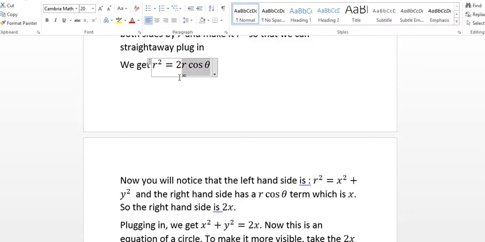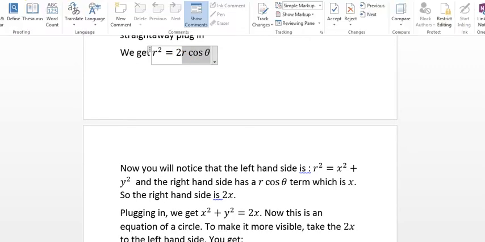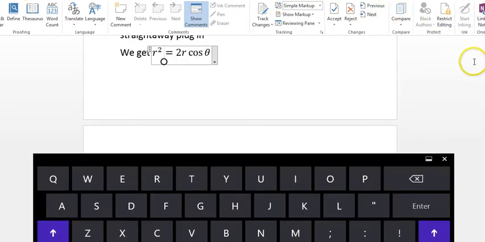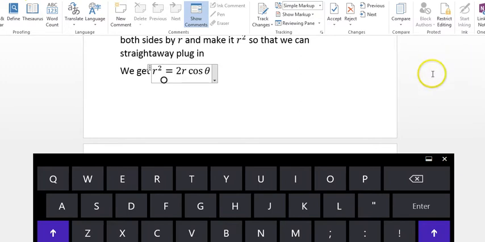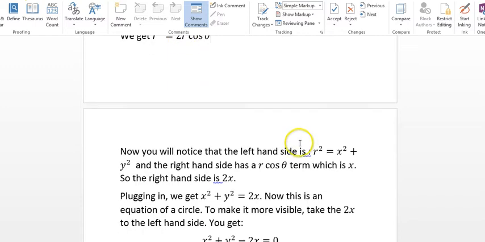So we have x squared plus y squared is equal to 2 times x, because r cosine theta is equal to x.